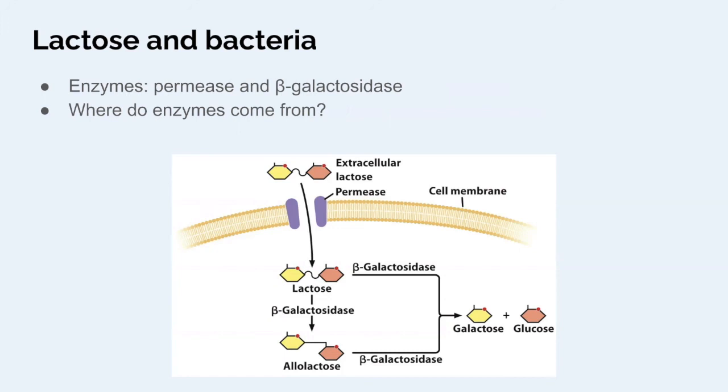Okay, so as I said, permease and beta-galactosidase. These are enzymes, enzymes are proteins, and proteins have genes that are the instructions for making them. So there'd be a gene for permease and a gene for beta-galactosidase.